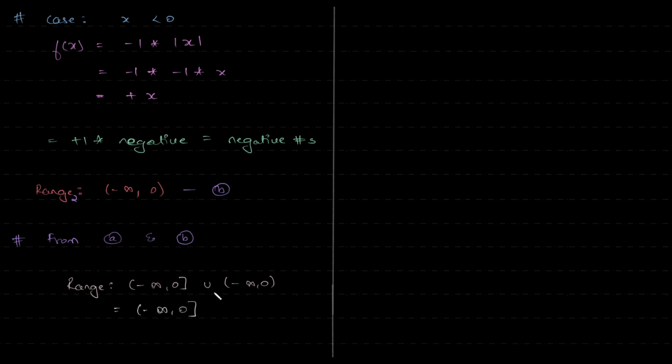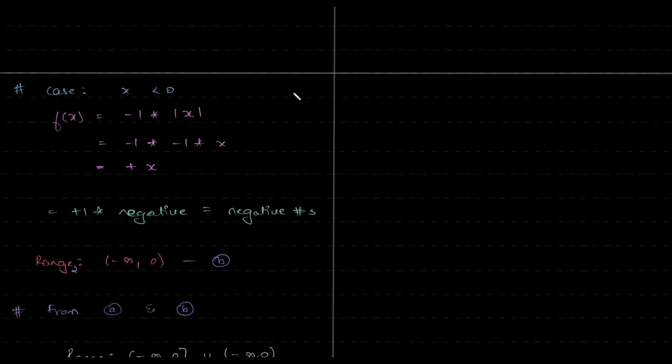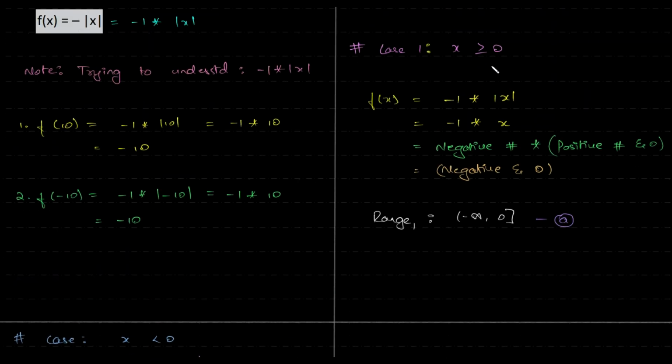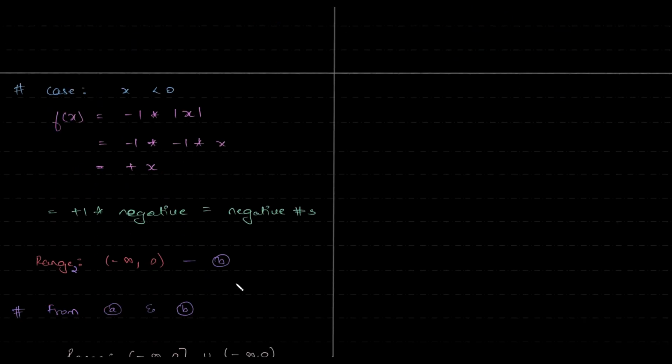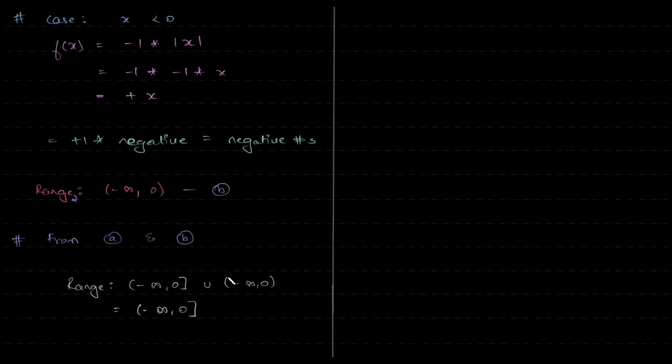You guys might be wondering, I didn't talk about this actually. Why am I taking a union of this? See, this is a different set of values, and this is a different set of values. For different sets of values, the behavior is different, right? It's the same function for two different sets of values. So the range will add up, is it not? Do you guys agree?